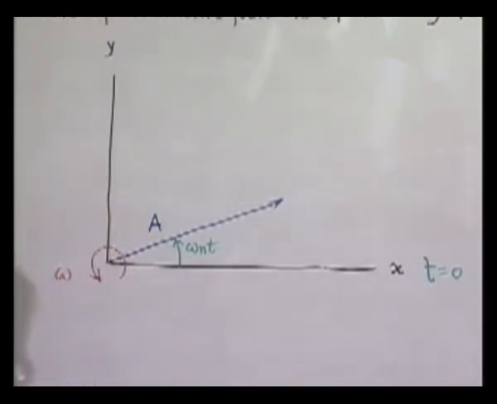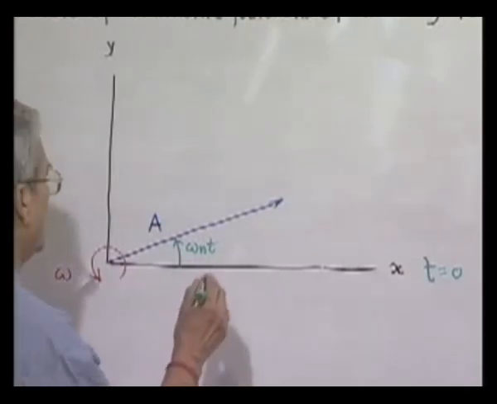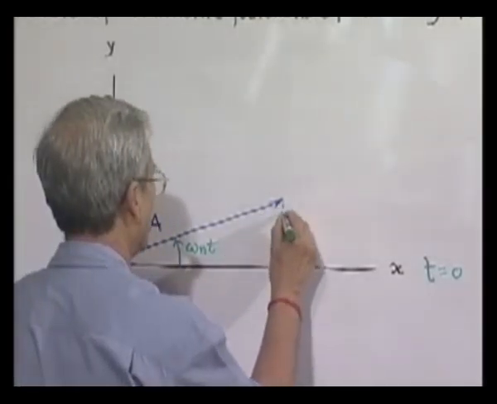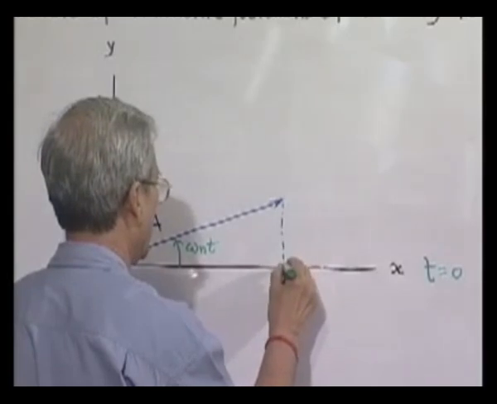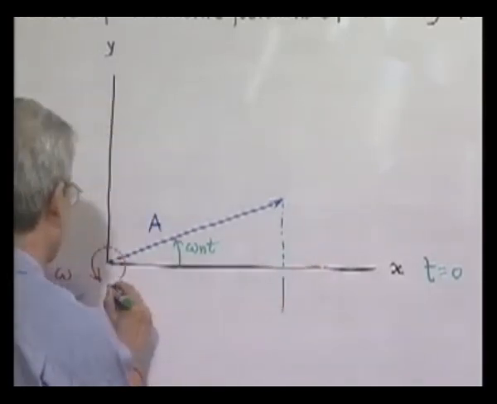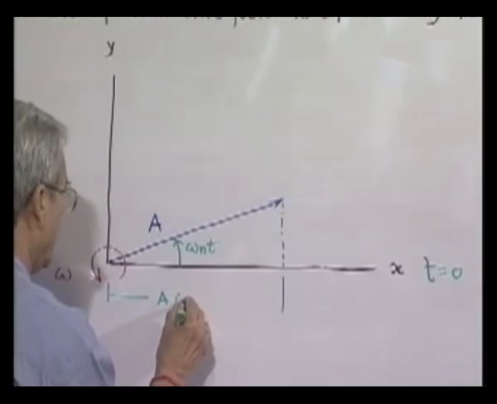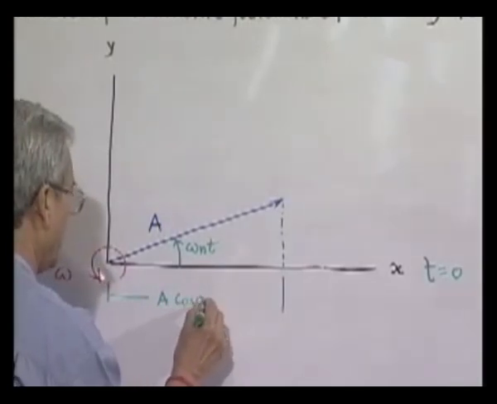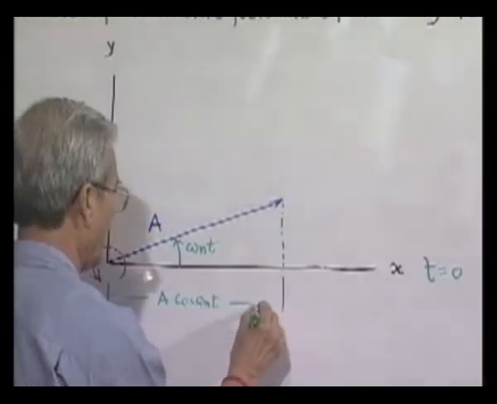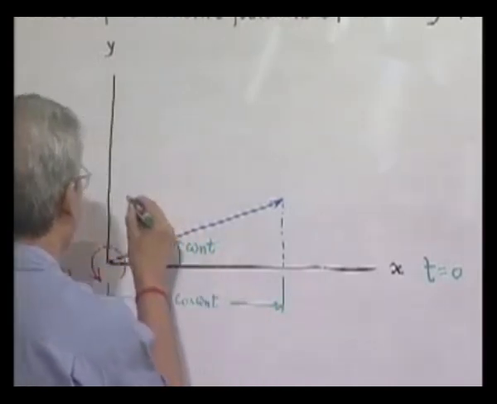Now, let us find out the projection. If you take this projection, how much is this? This is obviously A cosine omega t.